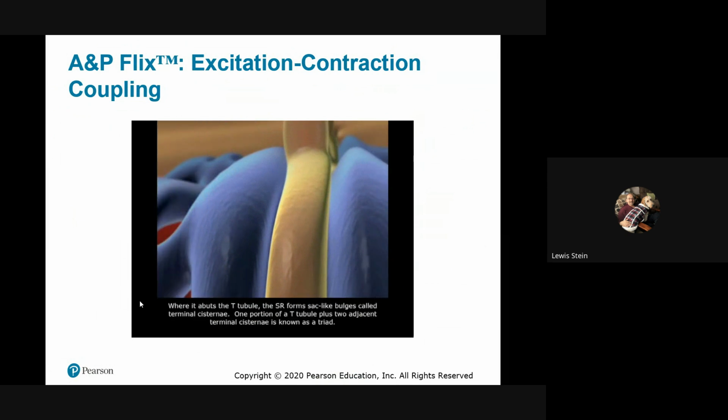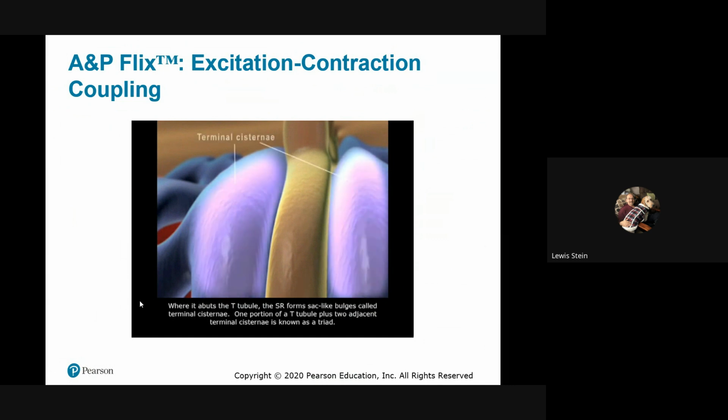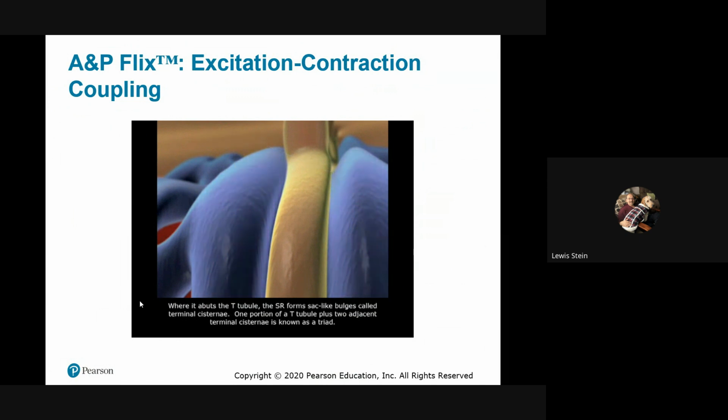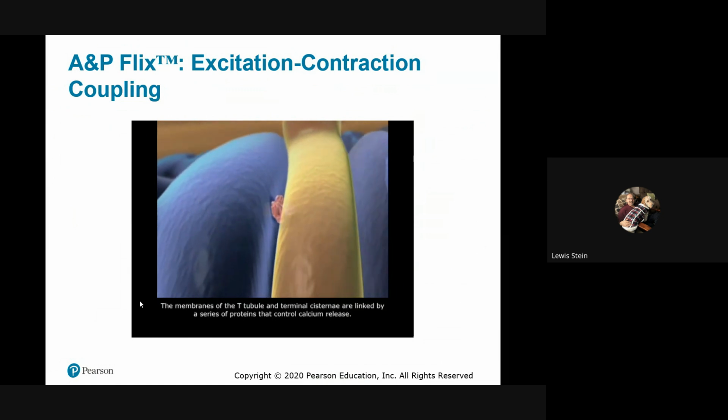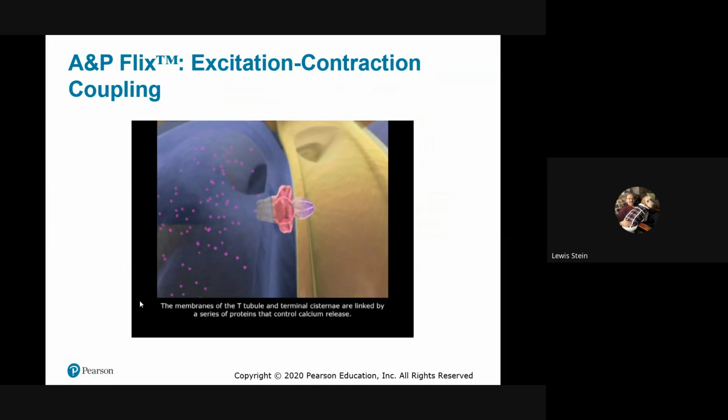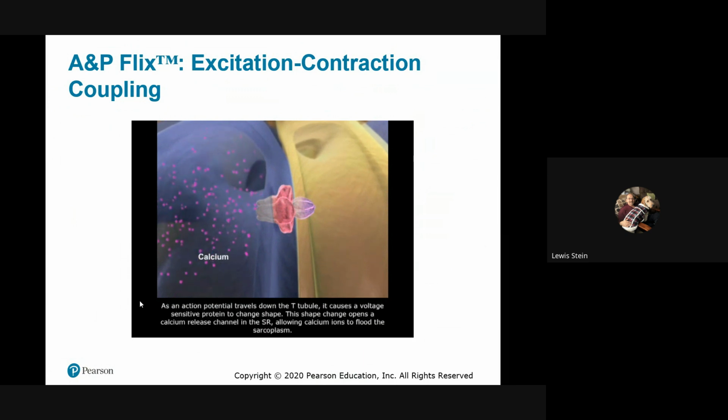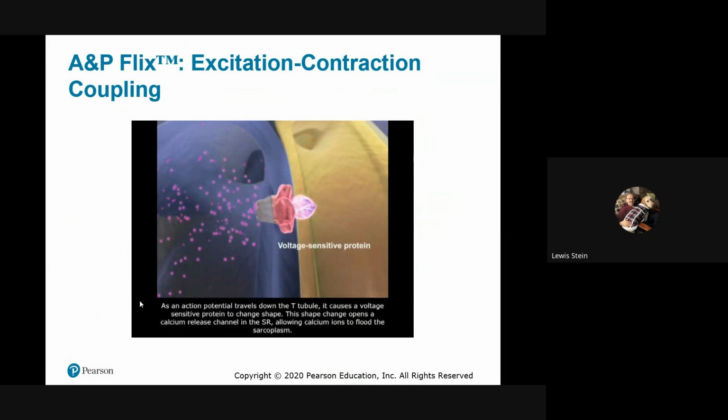Where it abuts the T-tubule, the SR forms sac-like bulges called terminal cisternae. One portion of a T-tubule plus two adjacent terminal cisternae is known as a triad. The membranes of the T-tubule and terminal cisternae are linked by a series of proteins that control calcium release. As an action potential travels down the T-tubule, it causes a voltage-sensitive protein to change shape.